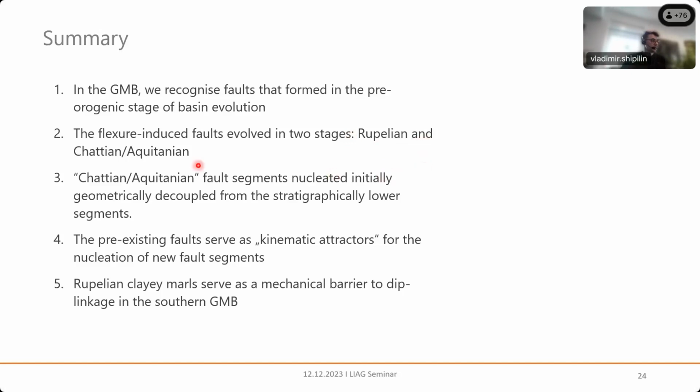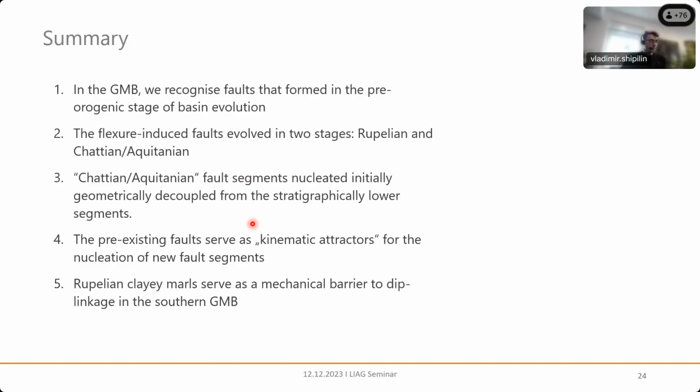And the Chattian and Aquitanian upper fault segments most probably nucleated initially geometrically decoupled from the stratigraphically lower segments, whereby the pre-existing faults, such as the lower faults, served as sort of kinematic attractors for the nucleation of the new fault segments.